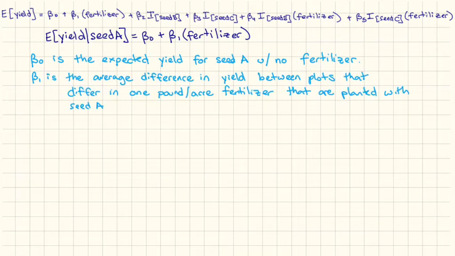Seed A. So it's the average difference in yield between 2 plots, or between 2 sets of plots that differ in 1 pound per acre fertilizer, which are planted with seed A. So for seed A, when fertilizer is increased by 1 pound per acre, then yield is going to go up by beta 1.